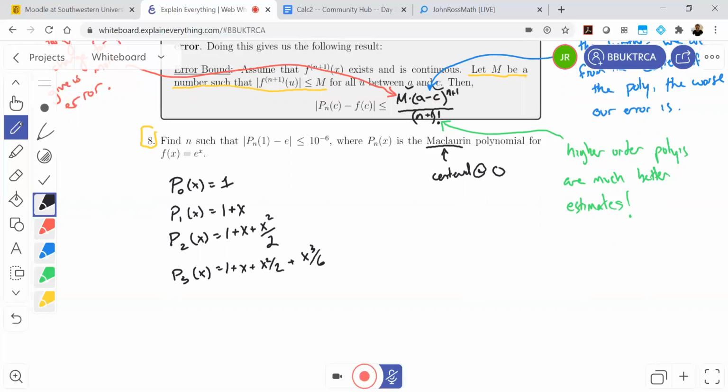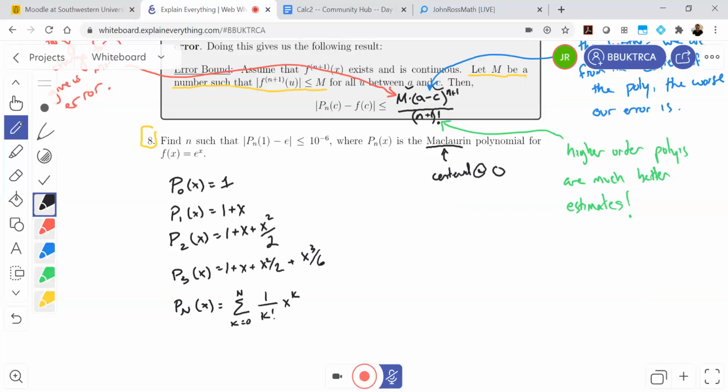And more broadly, the nth order Taylor polynomial is going to be the sum as k goes from 0 to n of 1 over k factorial x to the k. So that's the pattern that we're seeing here.